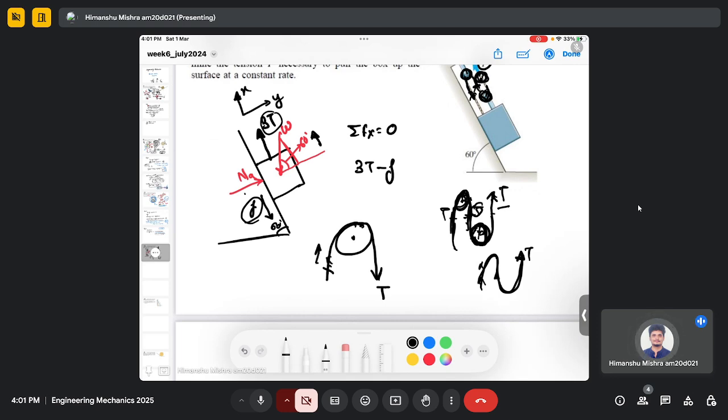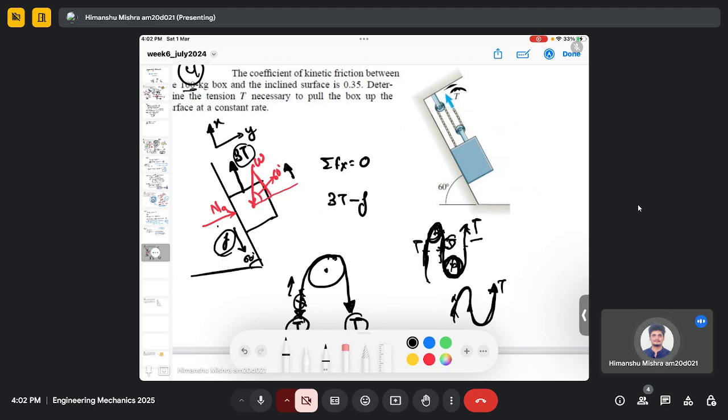So this also should experience the same amount of force T here. So you can see that when you apply the force T here, this part is also experiencing the same force T in order to remain in the equilibrium position. So this is what exactly is happening here.